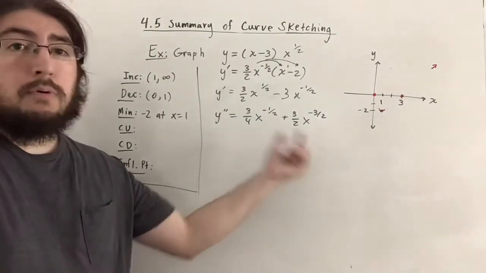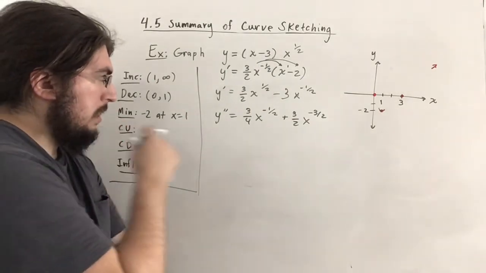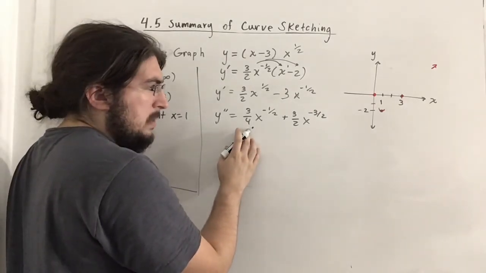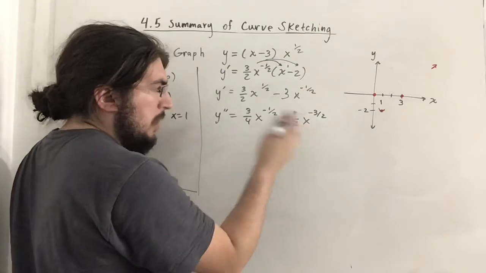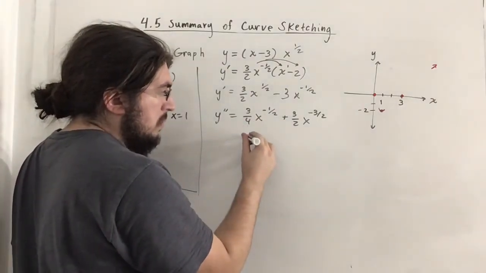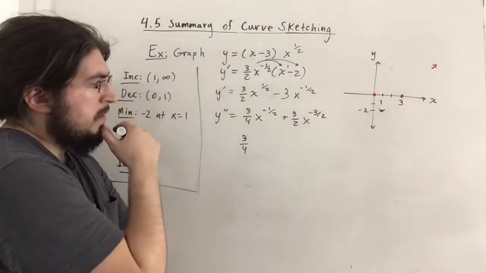And now again, we're going to pull out what they have in common. And actually, I'm going to pull out the smaller values. Let me see here. I'm going to try to take a tip from what we've been doing. So if we pull out 3/4, the smaller coefficient, I think this works. Yeah, let's try this.